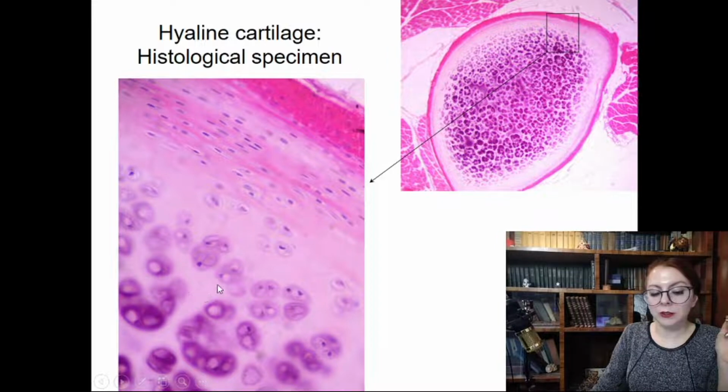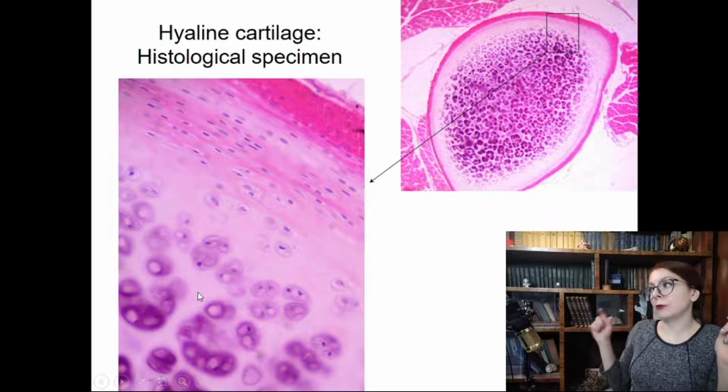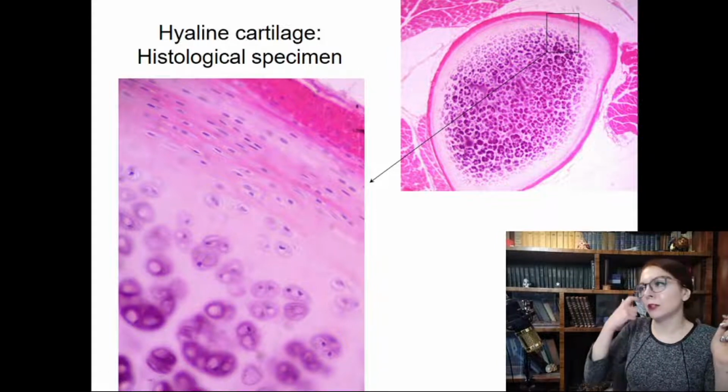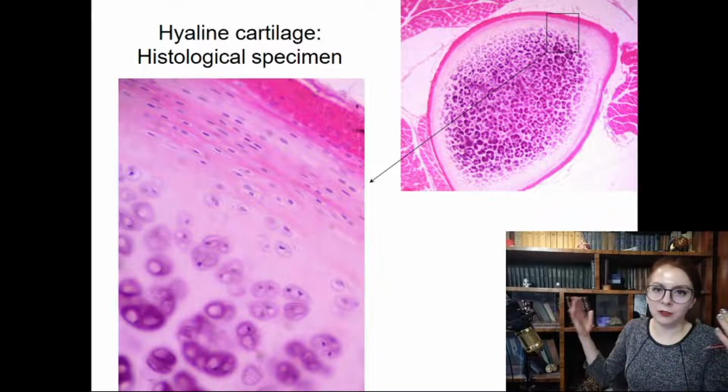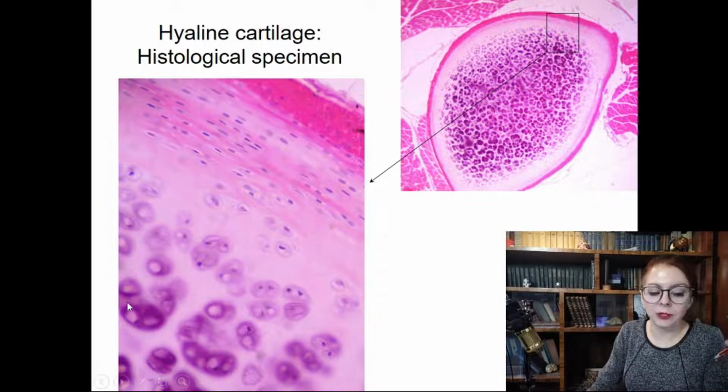Notice that the interterritorial matrix is made up of collagen, so it is stiff, and that's why cells can't migrate far from each other. That's why they stay and form isogenous groups. That's why they are not evenly distributed.